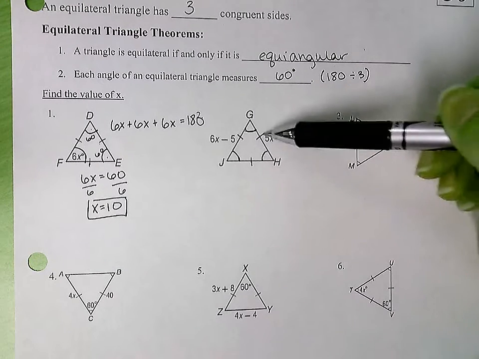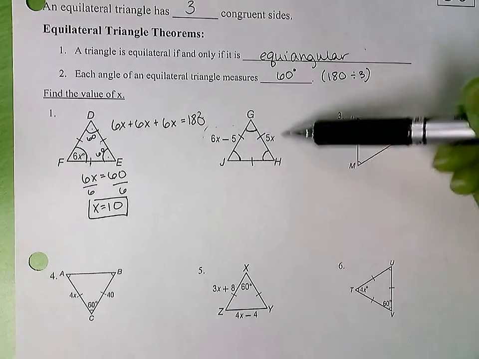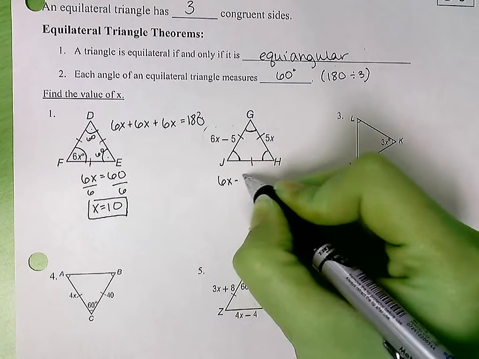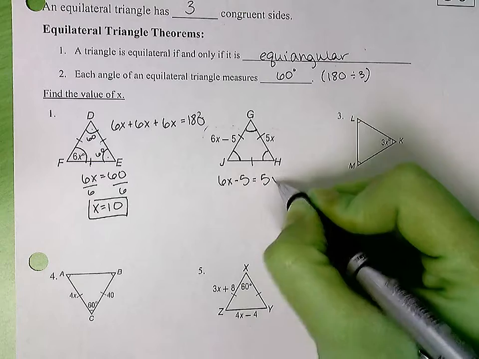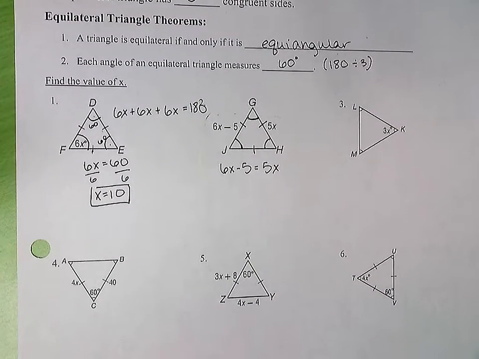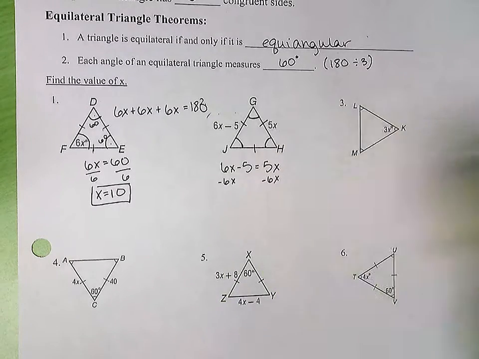Now, if those sides are congruent, I can set their measures equal to each other. So I can set 6x minus 5 equal to 5x. Okay, I'm going to subtract 6x.